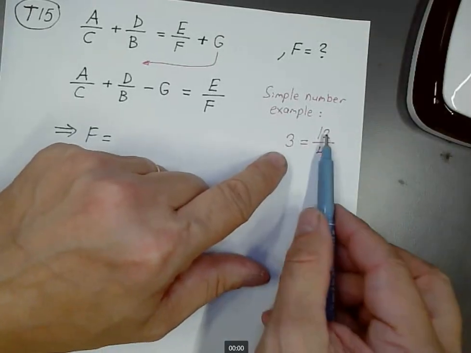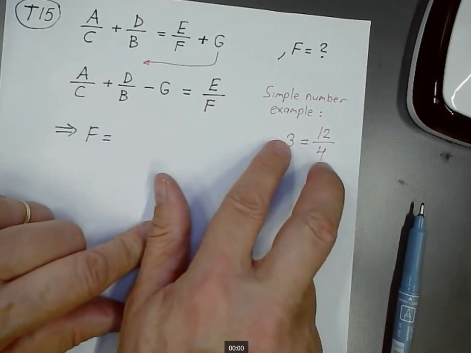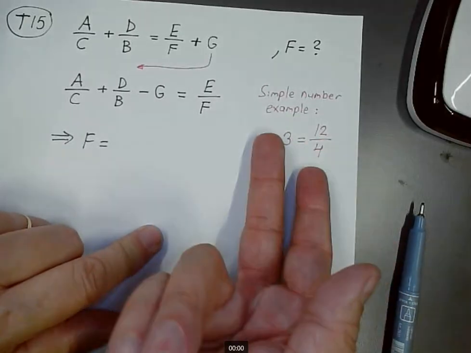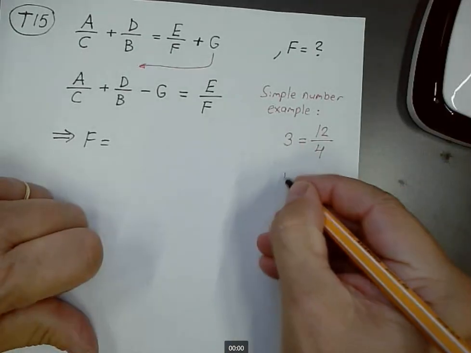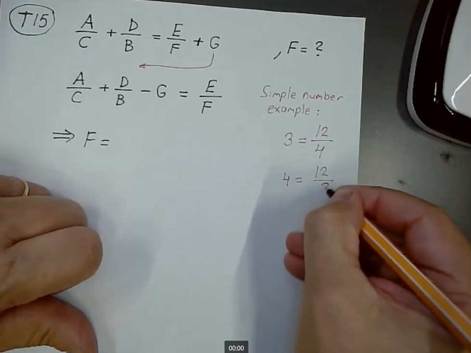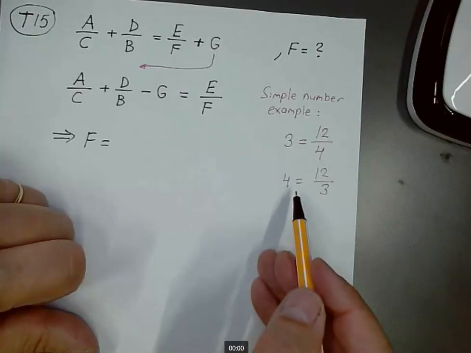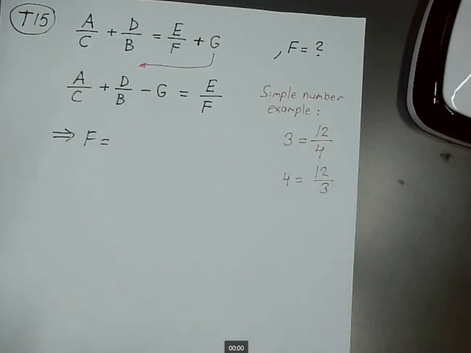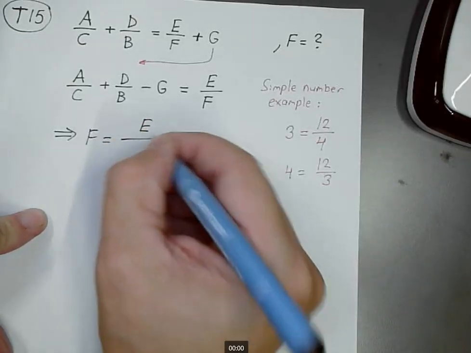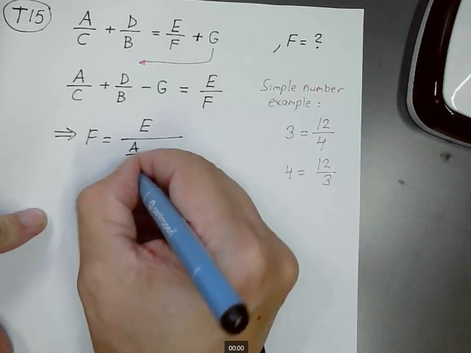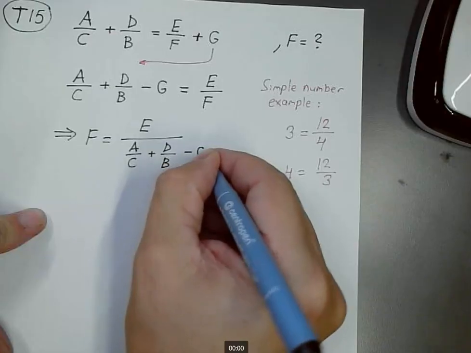The same holds here. We have 3 equals 12 divided by 4. If we change these 4 and 3 places, then we have 4 equals 12 divided by 3. We can change these and still the equation holds. And the same is true here. We get F equals E divided by (A per C plus D per B minus G).